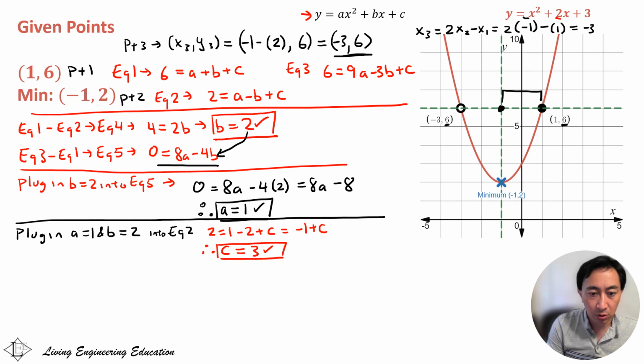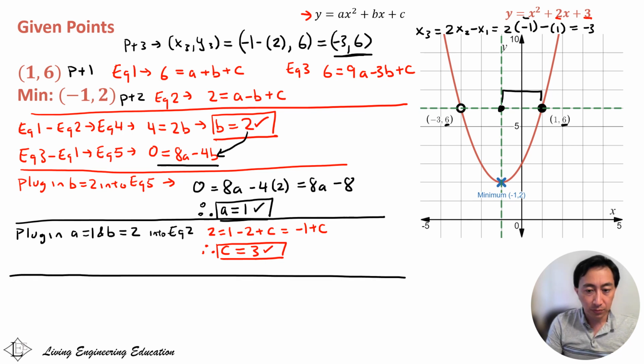So very, very similar to the previous problem that we did, except there's an additional step of identifying what the third point is. So that's one way we can solve this. The other way that we can solve it still uses equation 1.